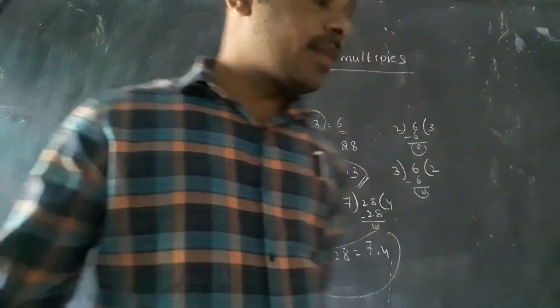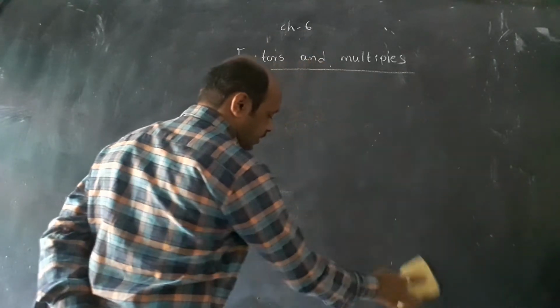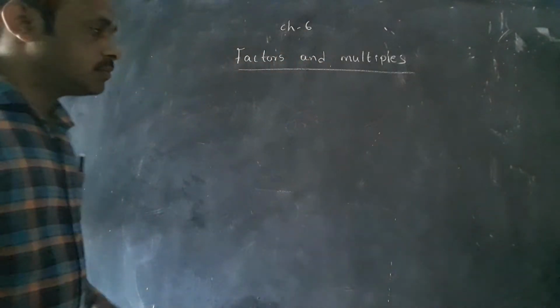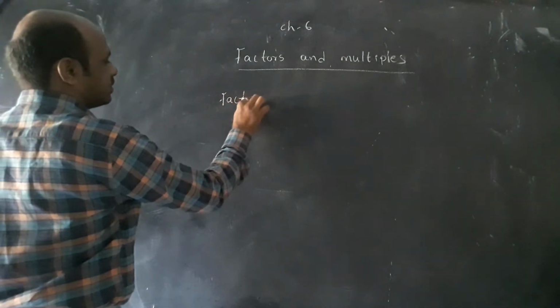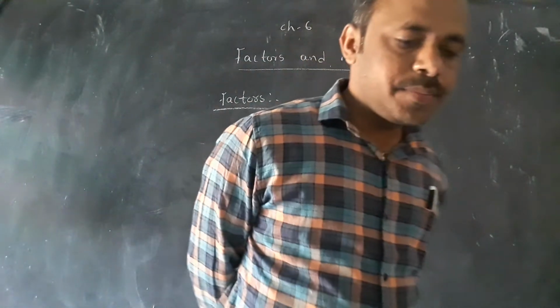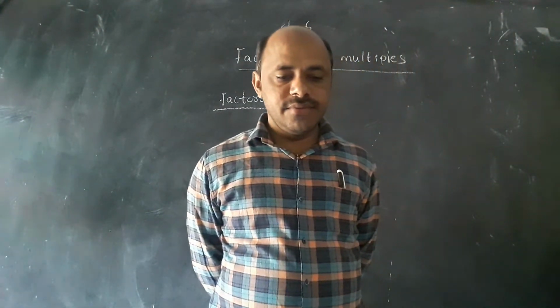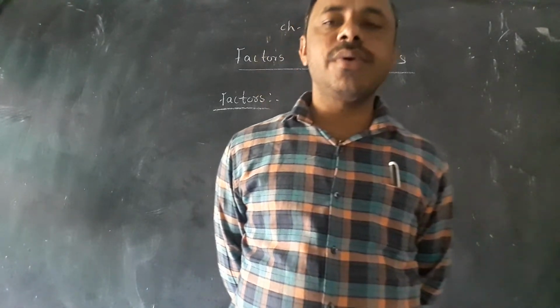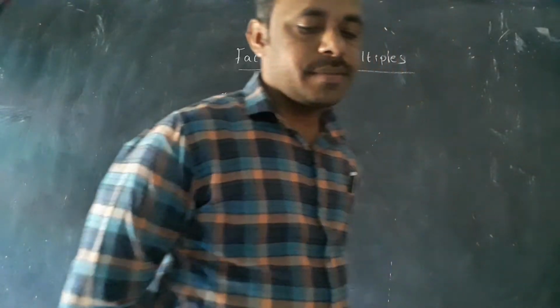Now today, first we are discussing the factors. The heading is factors. What is a factor? Just now I told, when two numbers are multiplied with each other to get the product, then the number is a factor of the product.